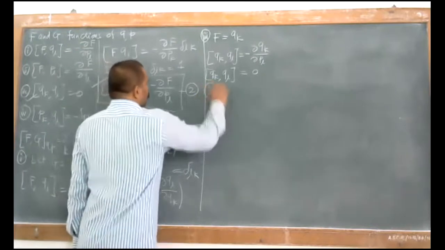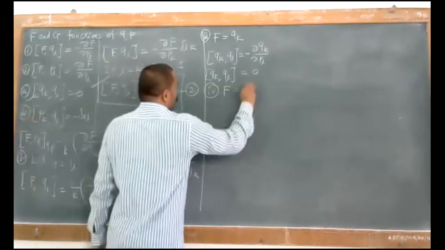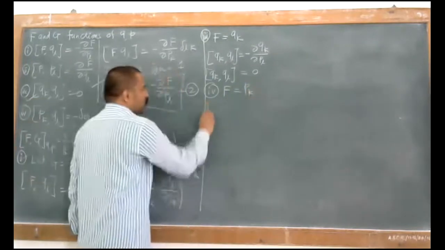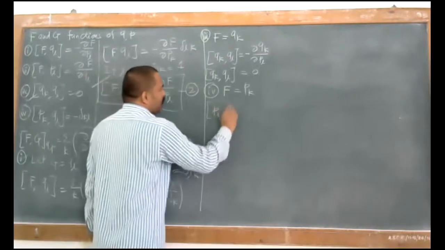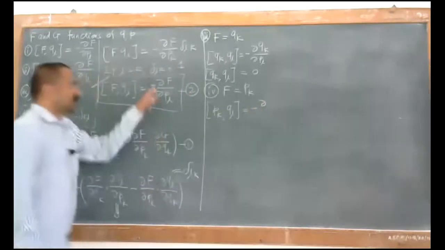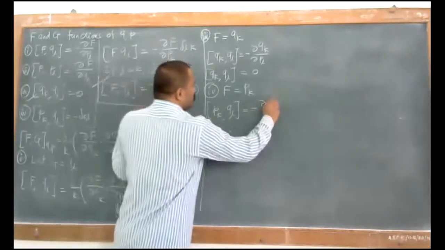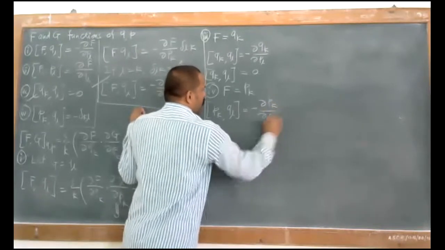In the fourth one, what I will do? I will use F is equal to PK. Okay, so just use that in equation number 2, and we can write that this Poisson bracket of PK, QL is equal to minus. Now this ∂f is nothing but PK divided by this PL, and what is this?